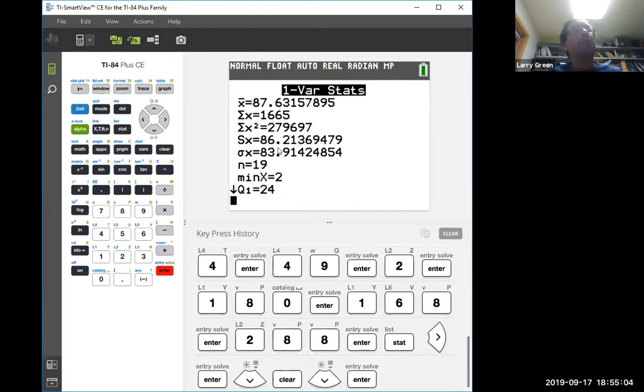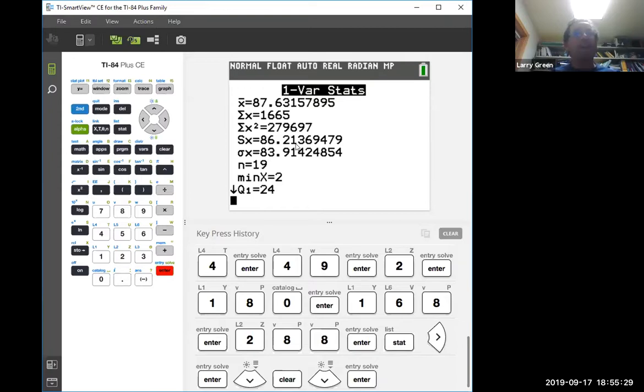Outliers make the spread more. Outliers in this class mean you're more than 2 standard deviations away from the mean. Now, in this case you can't have any low outliers, because if you take 88 and subtract twice 86, you get a negative number. And it couldn't have been negative months ago that you took your first class.